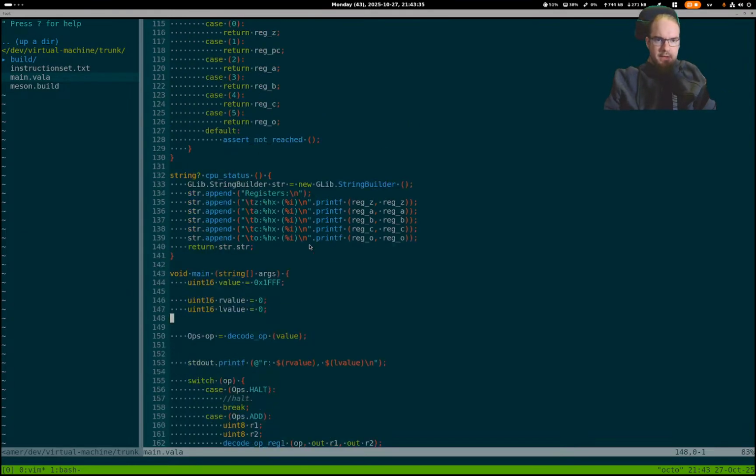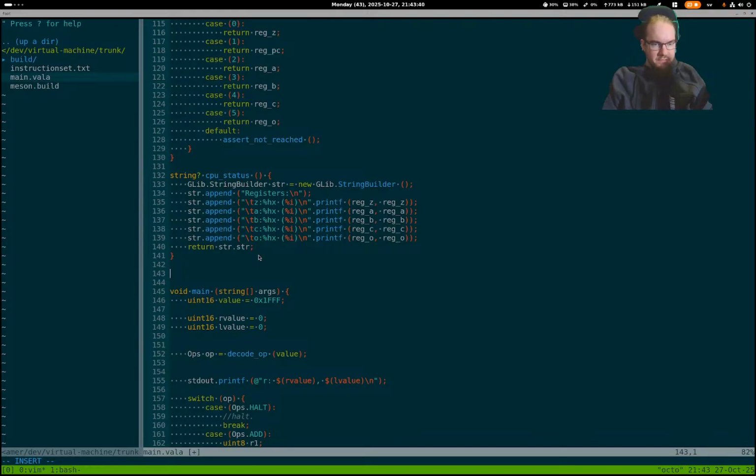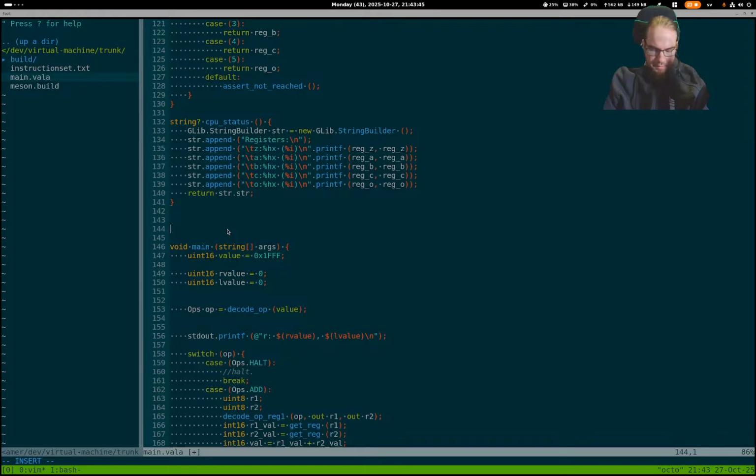Because you can have a block of memory. Let's say we have, let's put it here, static int8 memory. So we have the memory, and that is going to be, what was it, 12?